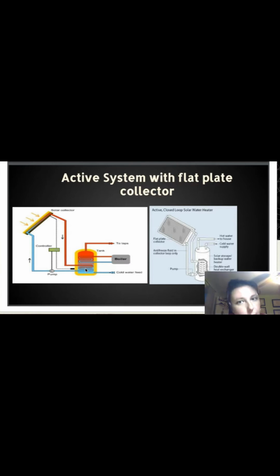So I'm in thermal contact, but I'm not in physical contact, where the fluid in the line is touching the water in the box. And this is important. This is one of the systems that you would buy or use in our climate type up in New York. We would want to use something like this where we wouldn't have to try to drain the system or worry about it freezing or cracking in the winter months.